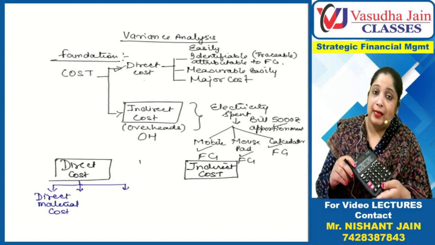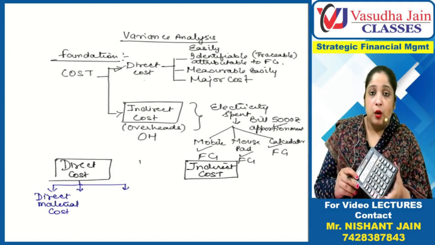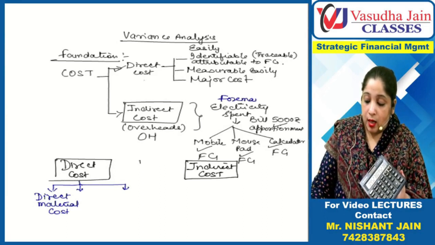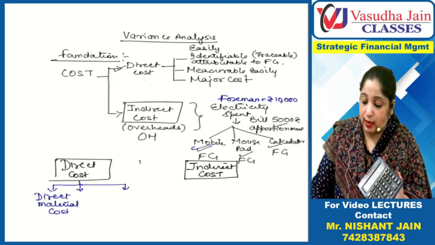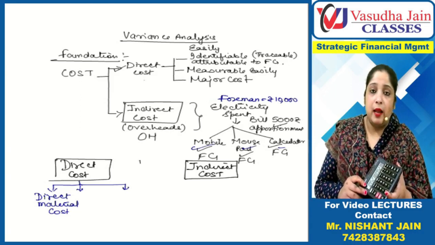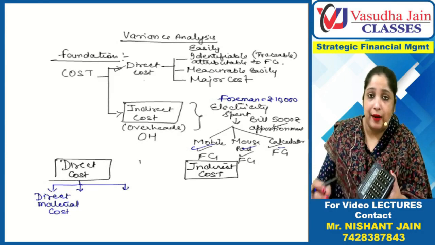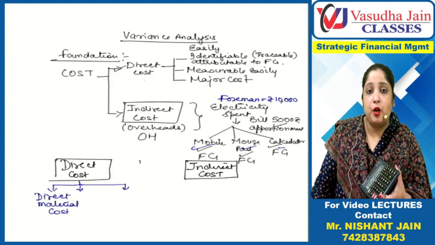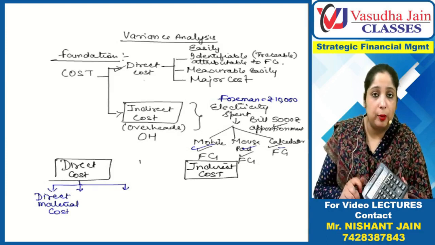The labor can be direct labor or indirect labor also. Suppose there is a foreman who charges rupees 10,000 and is managing the three products. Can you easily apportion or divide the foreman's salary into the three parts, that is, how much salary is devoted to manufacturing of the calculator? No, it is not easily attributable.